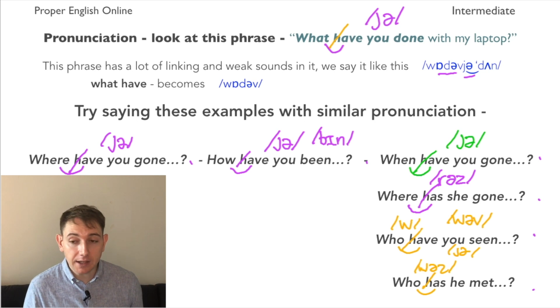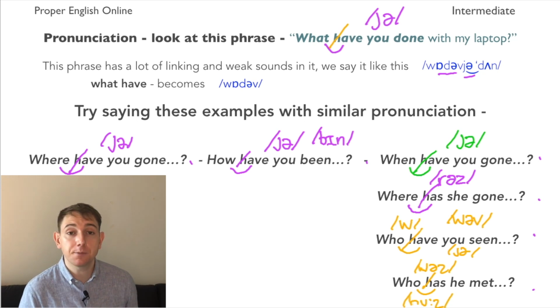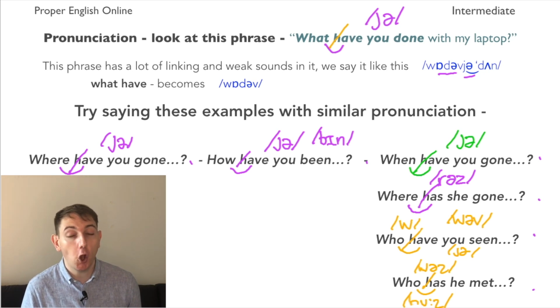Or, if you like, we can just get rid of that was and just say something a bit more like who's he met? So there's two ways. Who has he met? Or it could be who's he met? Just one sound.